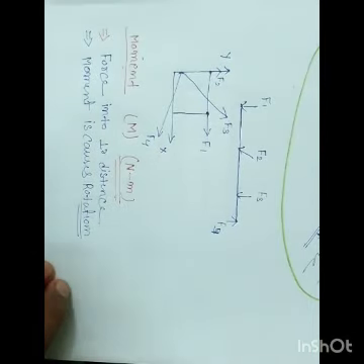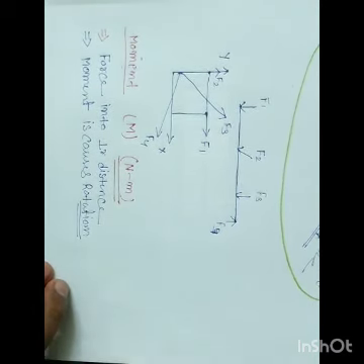We have a handle, and about the hinged point the door has to be opened or closed. Whenever you pull or push, the force you apply is perpendicular, along the horizontal length. Because of this product of the force and the perpendicular distance, it will create the moment and cause the rotation.